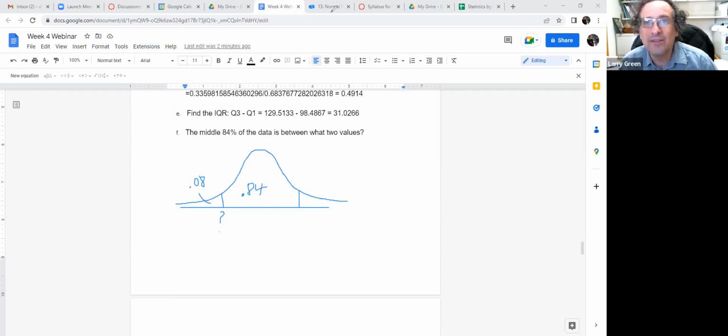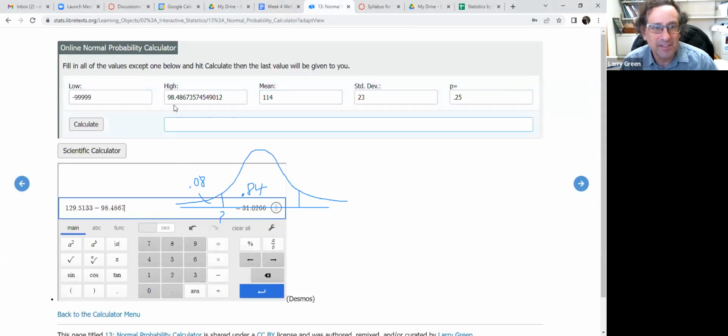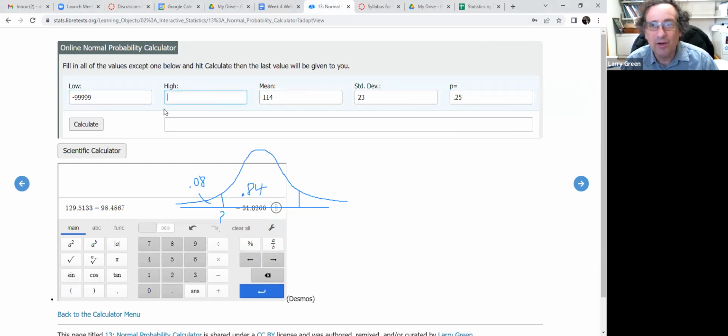So now I can go to, let me unannotate. Did that do it? Yeah. It still shows up a little bit. So the low is a bunch of 9s. The high we don't know, right? And the probability is 0.08.